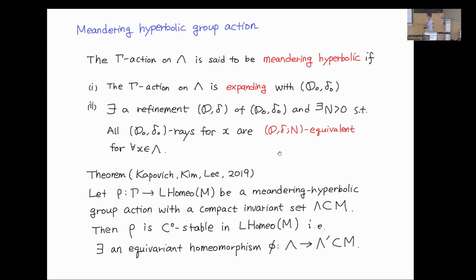But N equivalence is enough to prove the well-definedness of phi, independence of the ray. So if the action is meandering hyperbolic, which means expanding and N equivalent, then this action is C0 stable in the Lipschitz homeomorphism group. That means there exists an equivalent homeomorphism between the two actions.